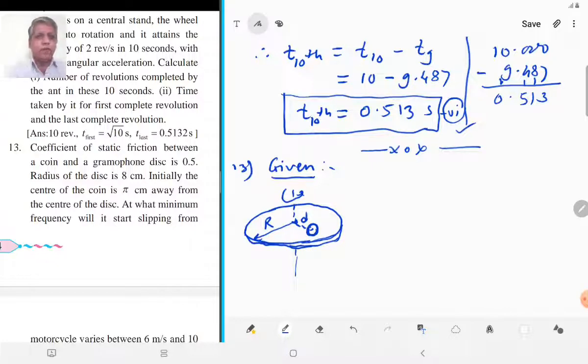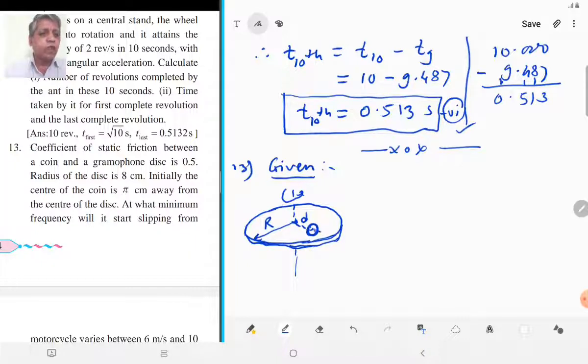Now, as the disc rotates, the coin placed on it performs the motion away from the center due to the centrifugal force experienced by it, and due to that frictional force arises.